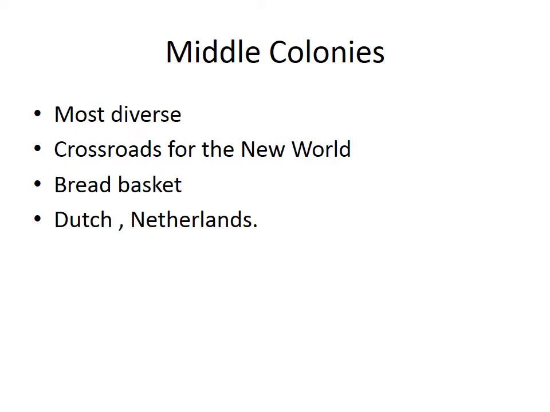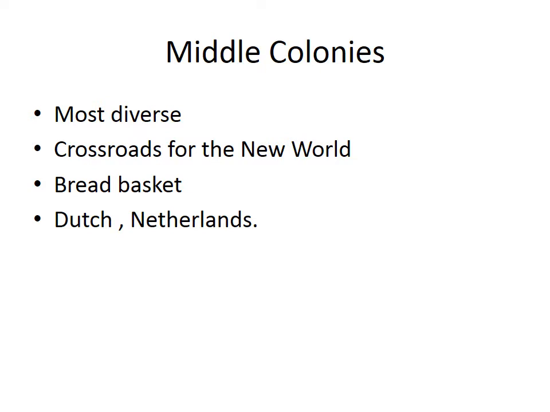So let's move on. Let's look at the middle colonies. The middle colonies are going to be your most diverse colonies, and you can try to think of them as being the crossroads of the New World, right? They sit between the southern and New England colonies, so a lot of traffic is going to go through them just to get from one side to the other. If you've ever been to Pennsylvania and driven through the wheat fields of Pennsylvania, you'll realize that the middle colonies grow a lot of our agricultural products.